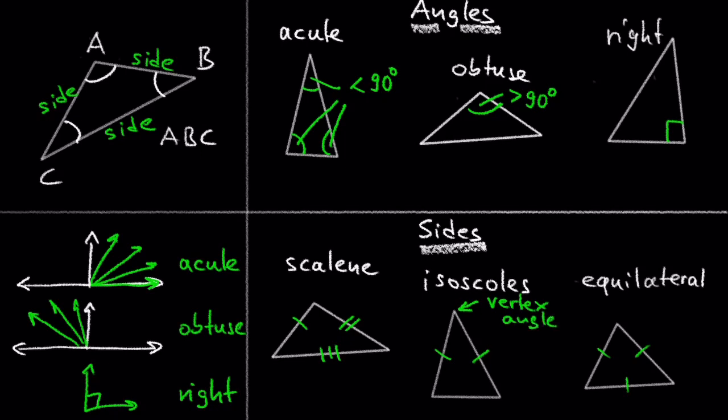The congruent sides are called legs. The side opposite the vertex angle is called the base. And the two angles formed by the base and one of the congruent sides are called base angles.